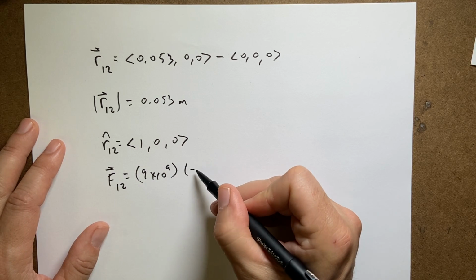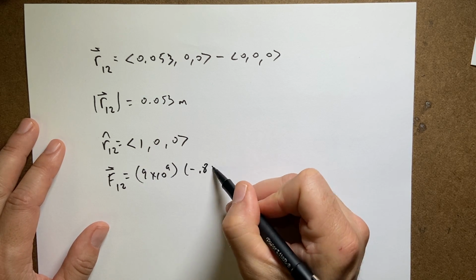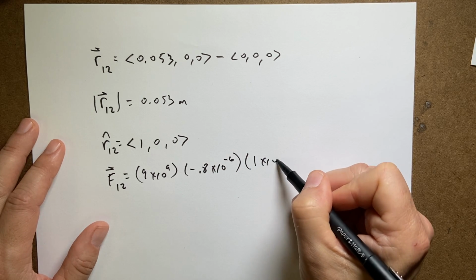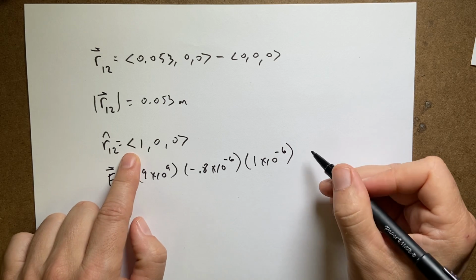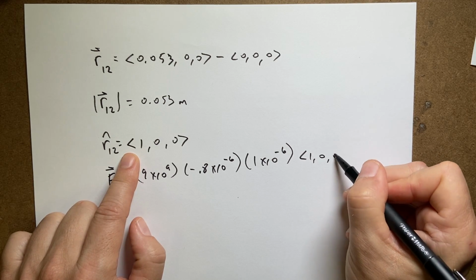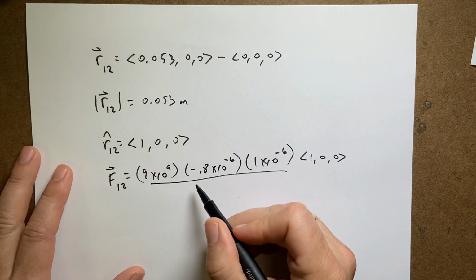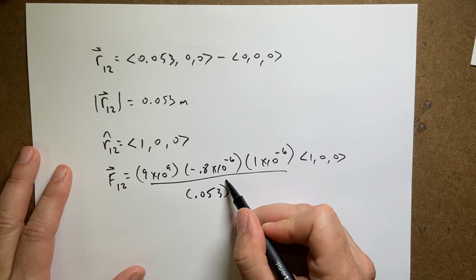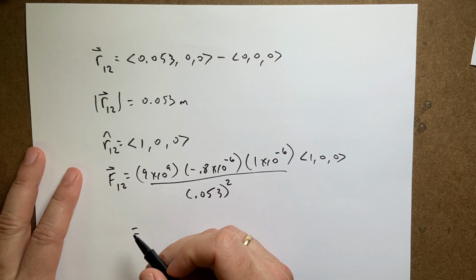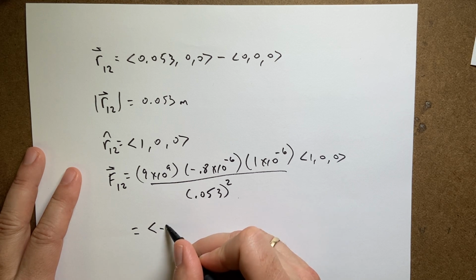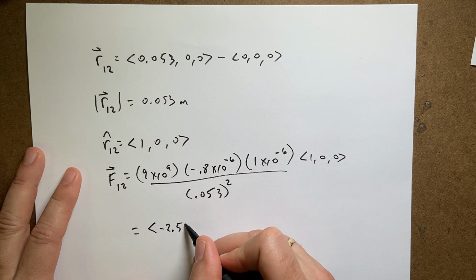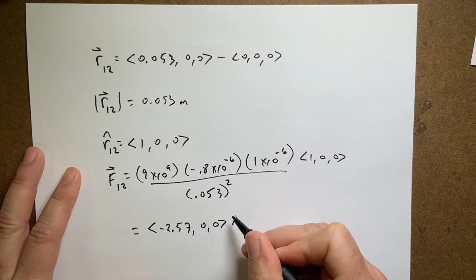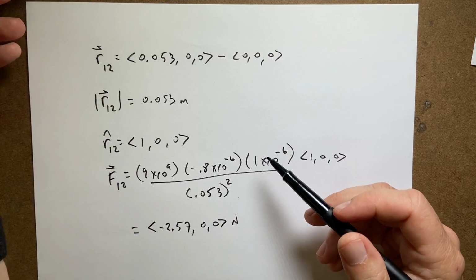Q2 is negative 0.8 times 10 to the negative 6th. Q1 is 1 times 10 to the negative 6th. Now my unit vector, 1, 0, 0. All of that over 0.053 squared. And I get negative 2.57, 0, 0 newtons.